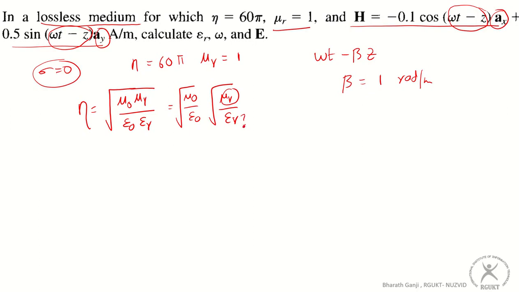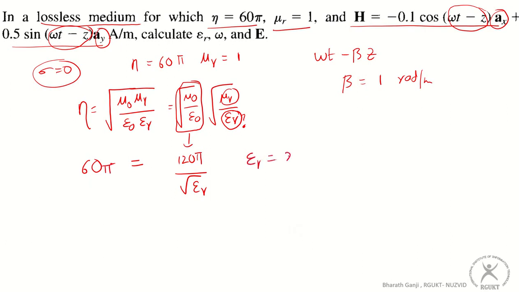We need to find the value of epsilon r, and the value of this number is nothing but 120 pi. So 60 pi, which is given, is equal to 120 pi divided by square root of epsilon r. So it gives you epsilon r as a value of 4.